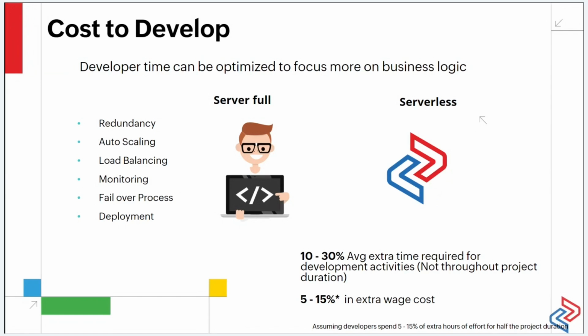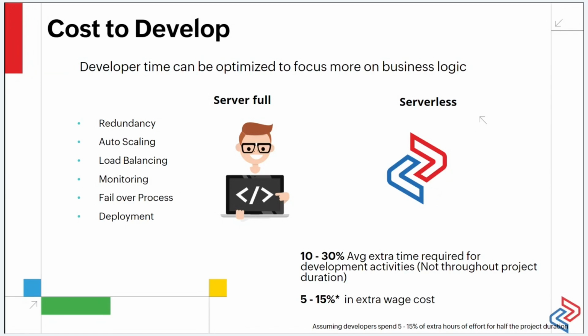So activities that involve redundancy, auto scaling, load balancing, monitoring, having a failover process, and deployment would all be dependent on the developer. What this would mean is that there is more time being spent on these activities, because what we're talking right now about is development activities.